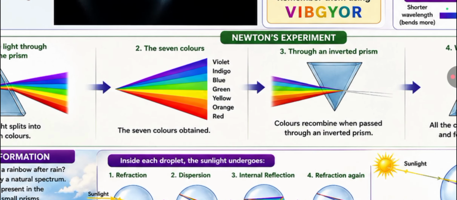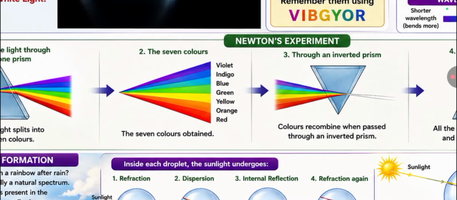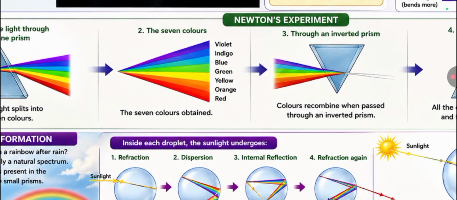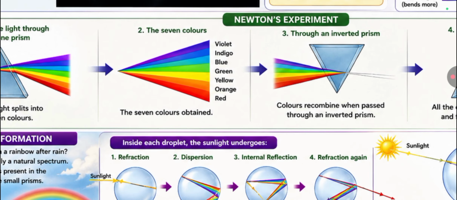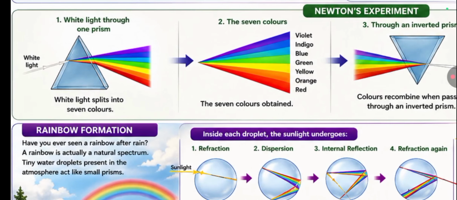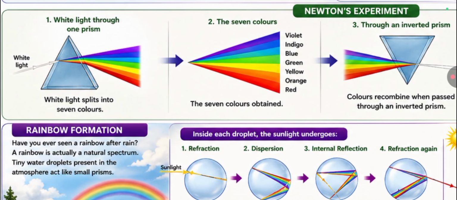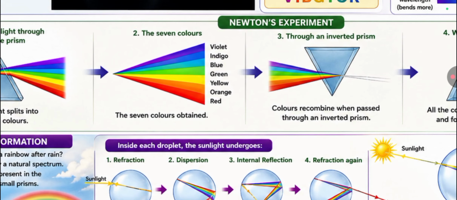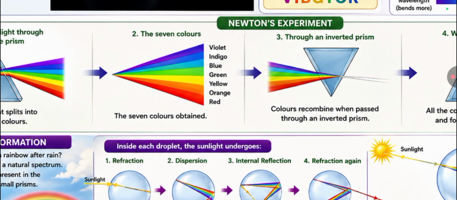Here we have to prove this using an experiment, Newton's experiment. Newton takes white light through the prism, and it is divided into seven colors. Through an inverted prism, the seven colors go into the prism and come out as white color.